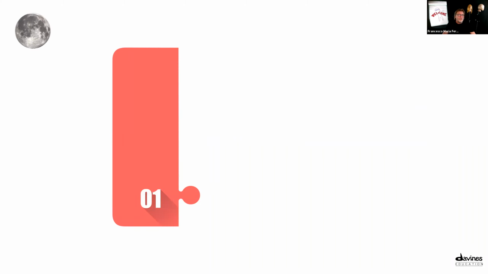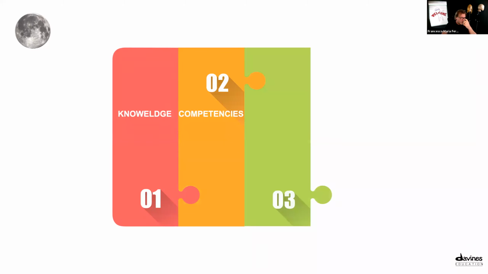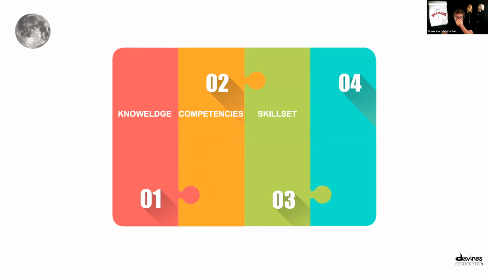We also talked about the four main macro areas in order to create an evaluation, which were knowledge, competencies, skill set, and management, right?